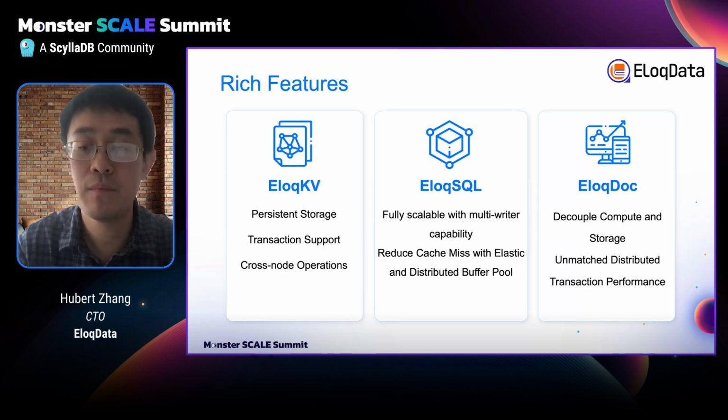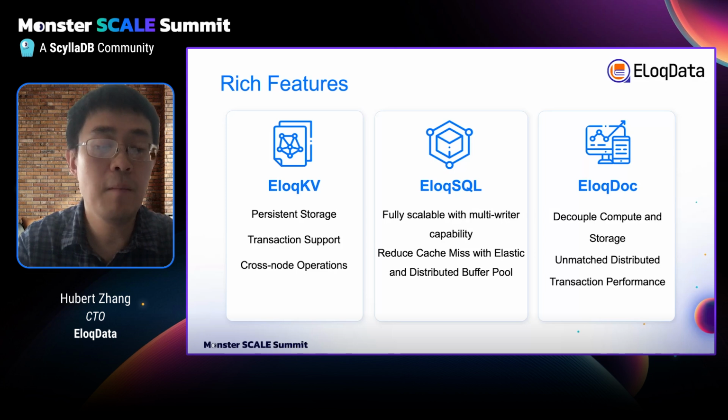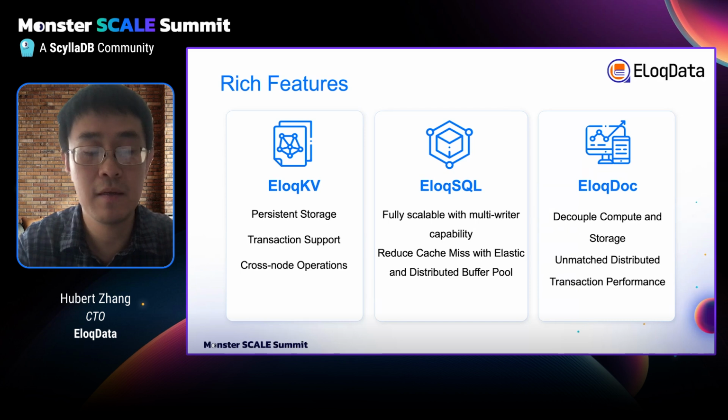Compared with Mongo, EloqDoc also has some features. For example, it can decouple compute and storage, and has better distributed transaction performance. The above three individual products show the features of EloqDB.